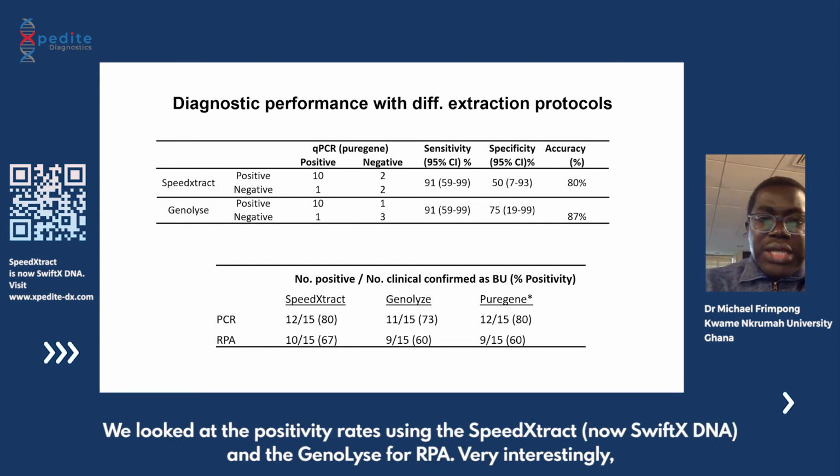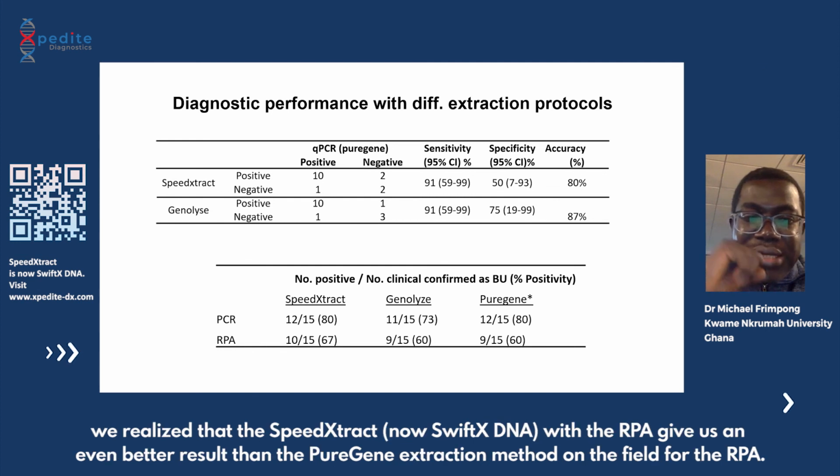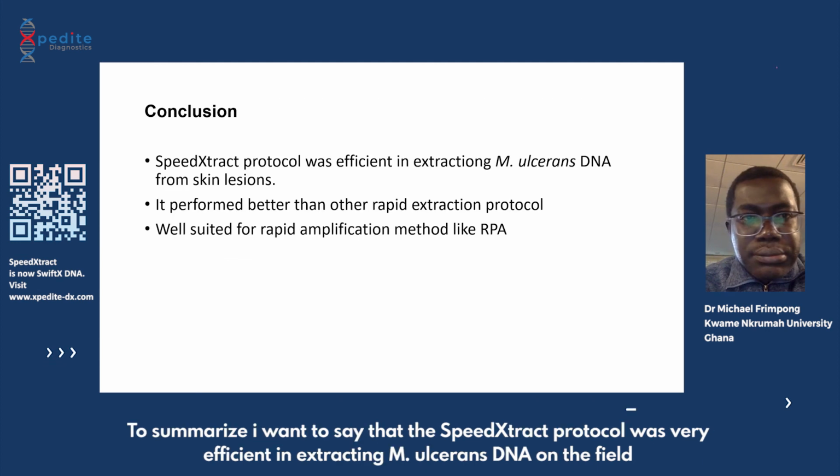And once again, we looked at the positivity rates in terms of using the SpeedXtract and the Genolyze for RPA. And very interestingly, we realized that the SpeedXtract with the RPA gave us even a better result than even the PureGen extraction method on the field for the RPA.